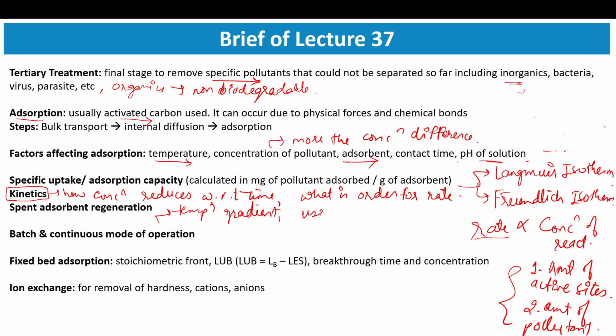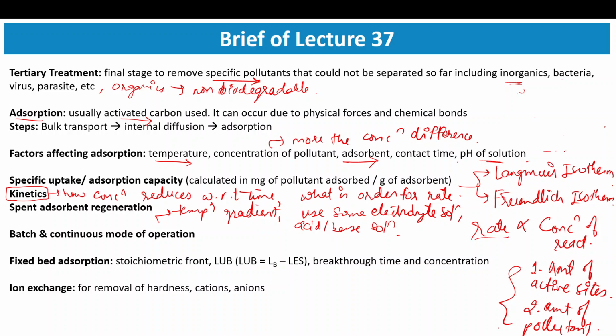You can use some electrolyte solution or some acid or base solution to regenerate the adsorbent. Okay, so what it does is, whatever active sites are occupied with the pollutant are again reactivated.